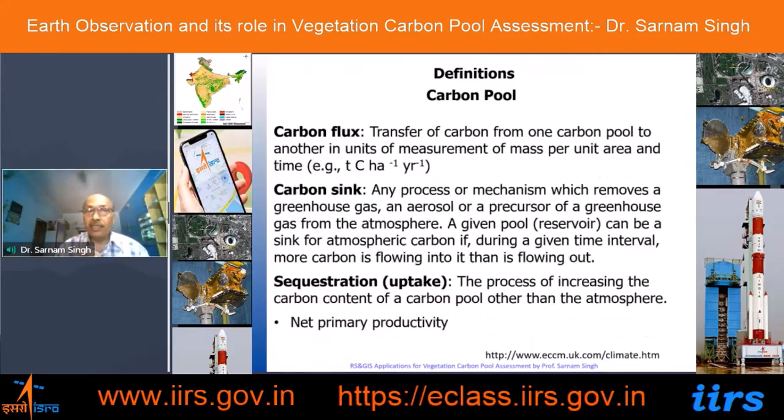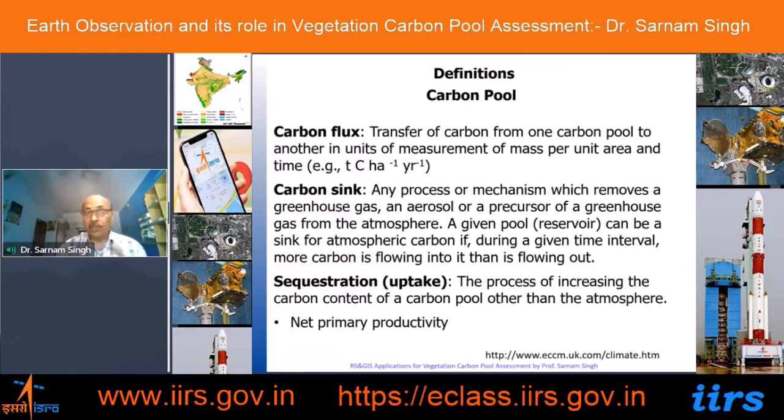There are 2-3 more terms related to the carbon pool, such as carbon flux. That's basically exchange, that means a transfer of carbon from one carbon pool to another. Let us say when you burn vegetation or a forest, the CO2 and other gases, carbon monoxide or nitrous oxide, are all released into the atmosphere.